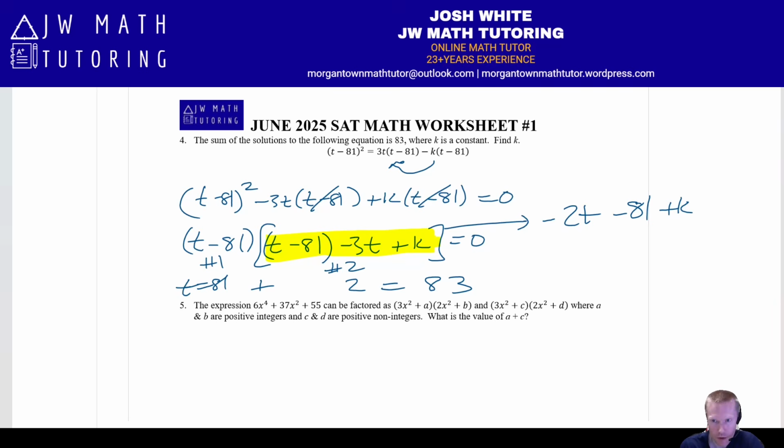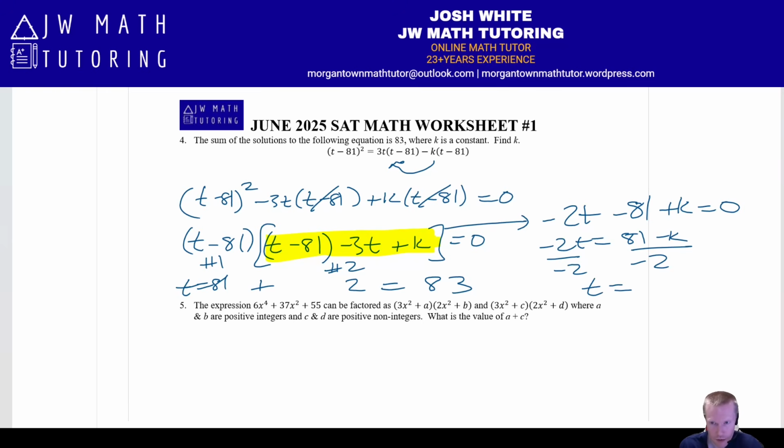What we're going to do is first solve this for t in terms of k, and after we do that is where the 2 will come into play. So we get negative 2t equals, I'm going to add 81 to the right, I'm going to subtract k. Then I'm going to divide by negative 2.